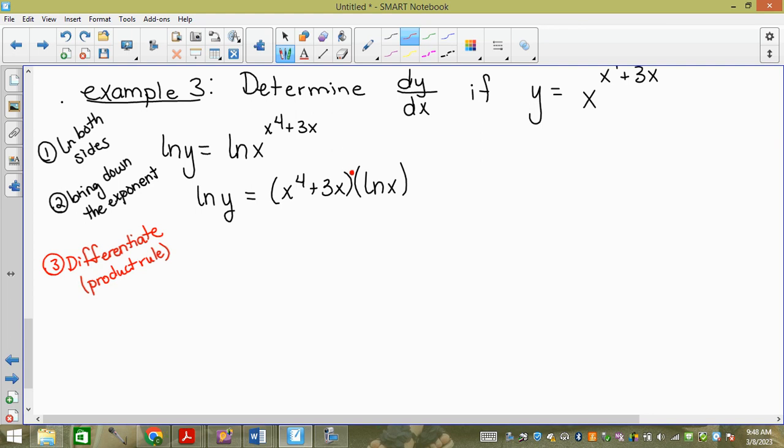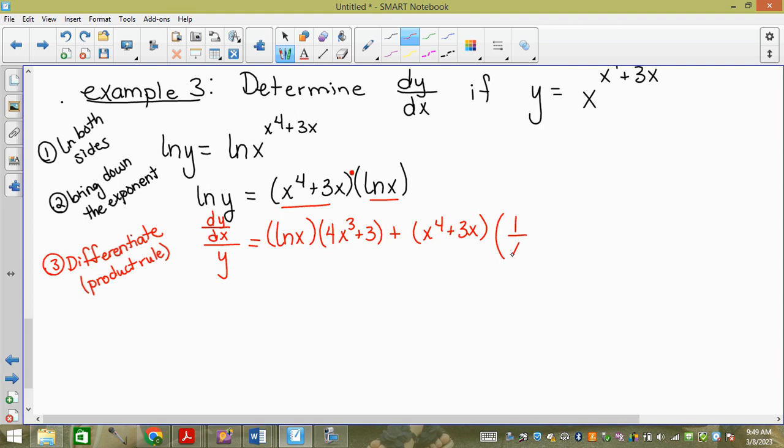So we want dy over dx. The derivative of ln y is y in the denominator, dy over dx in the numerator. And then this I have to do product rule. This is f, this is g. So g is ln x times f prime is 4x cubed plus 3, plus f times g prime, which is 1 over x, which actually works out nicely.